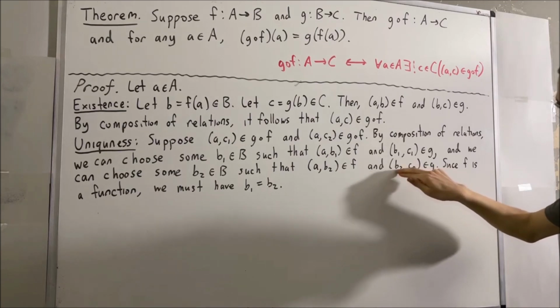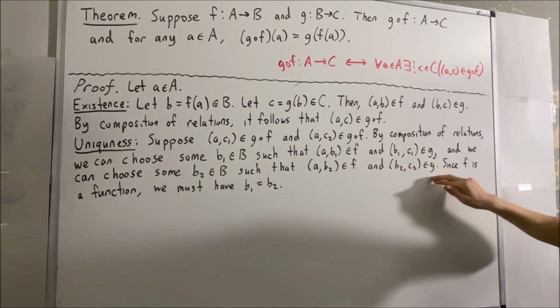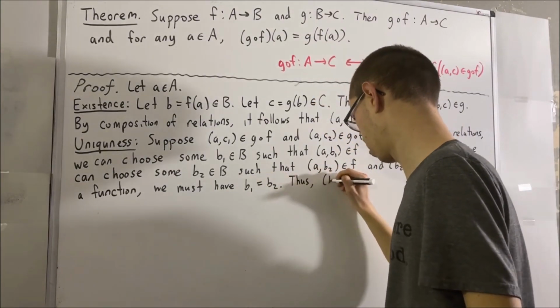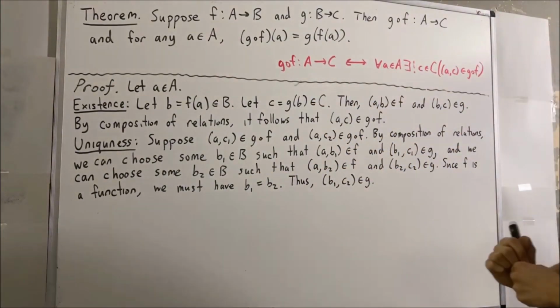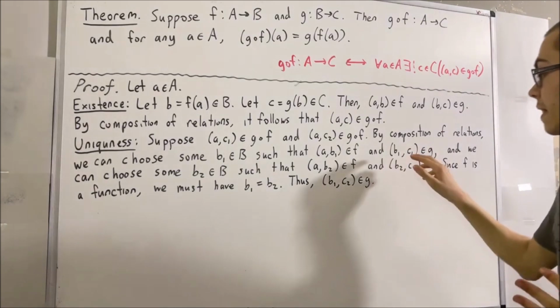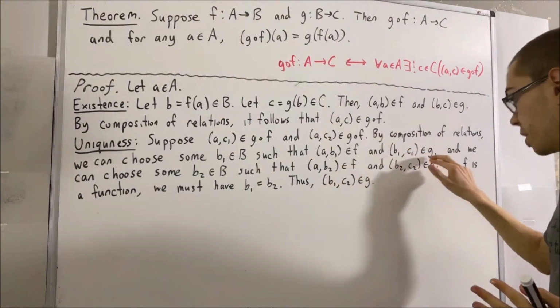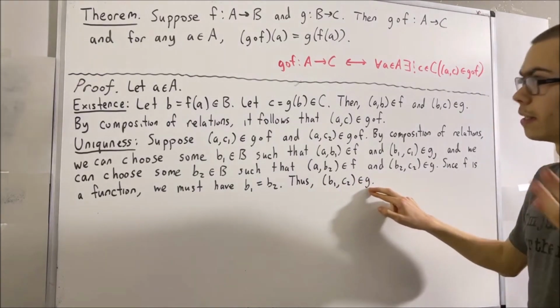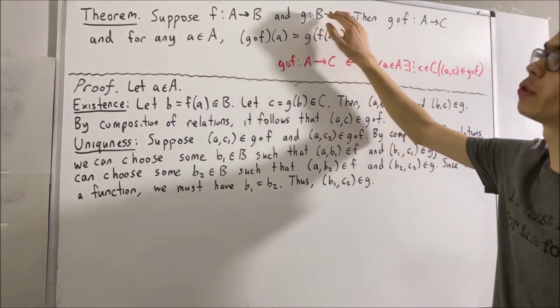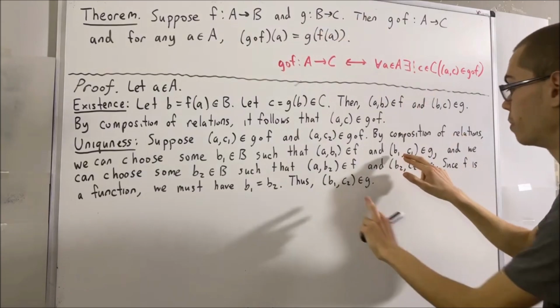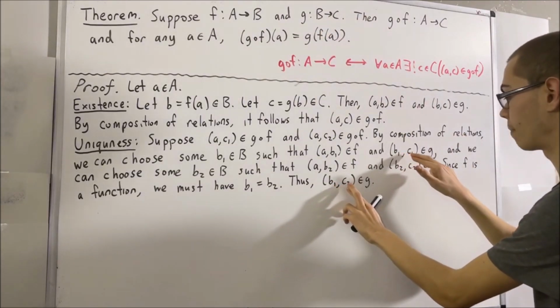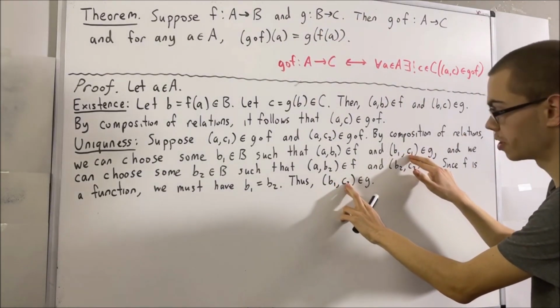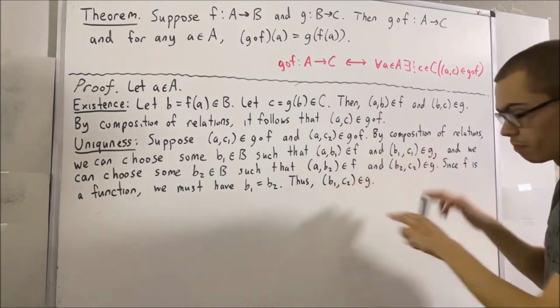So really, (b1, c2) is an element of g. So in a similar way, we see that (b1, c1) is in g and (b1, c2) is in g. In the same way, since g is also a function, we know that b1 must also map to a unique element. So c1 must equal c2.